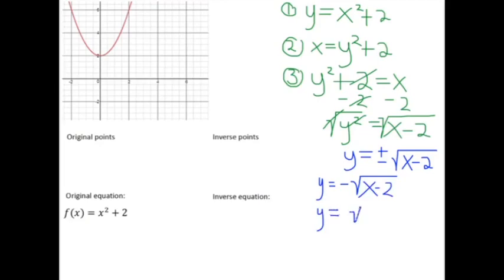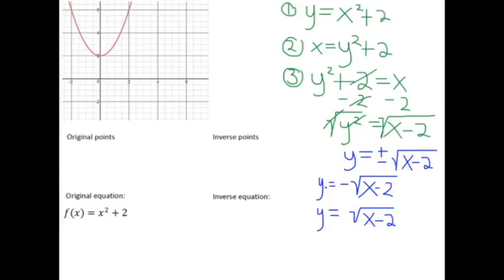So this is not a function. We can only have y equals a single expression of x in order for it to be a function. Every x value can only go to a single y.